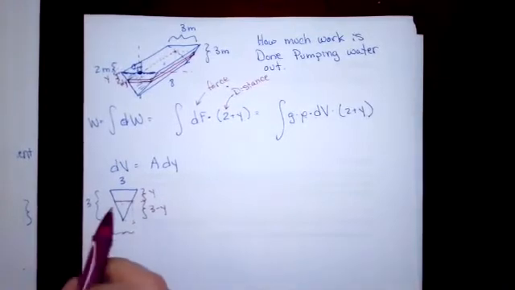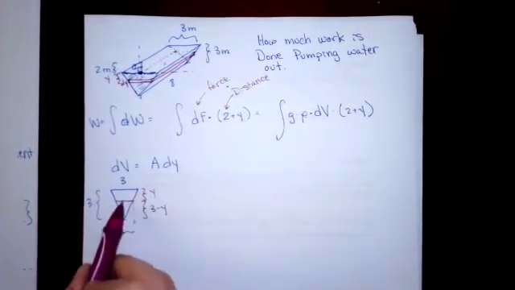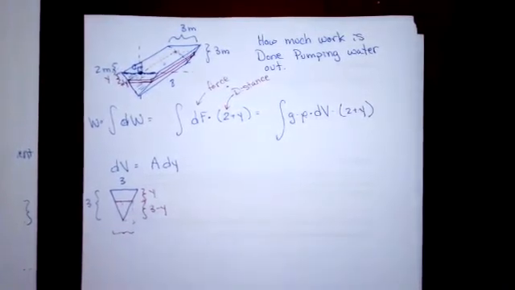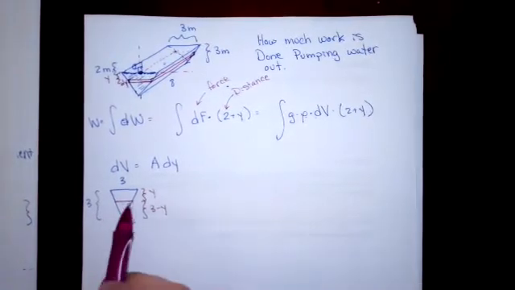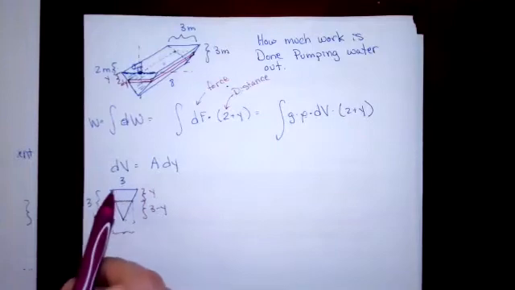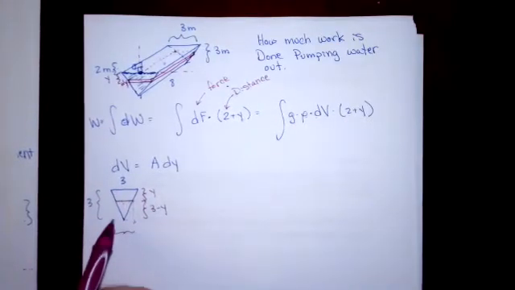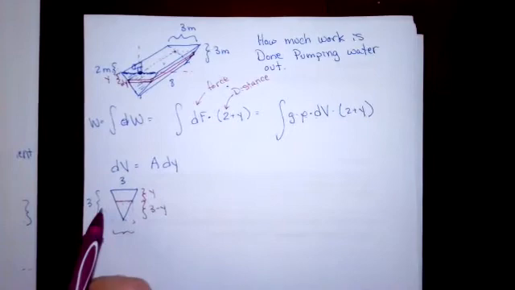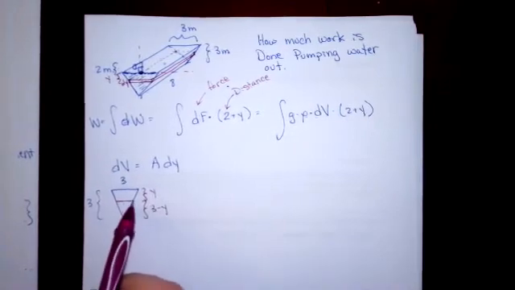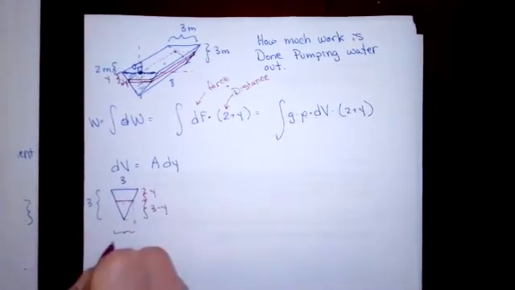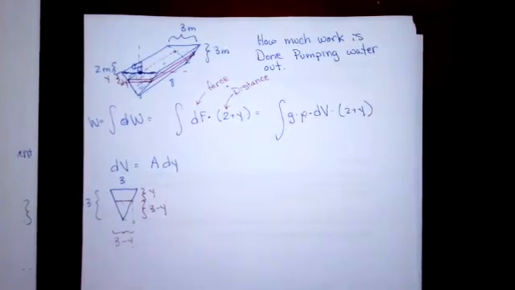We need to find that because that is the height now of this bottom triangle. So they are similar triangles, and you can see what the ratio is. The ratio of the width to the height is always 1 to 1, which means this width has to be the same as this height. So this side has to be 3 minus y as well.